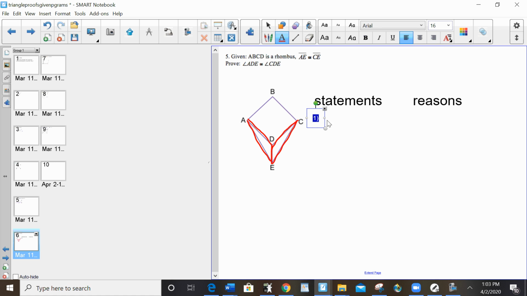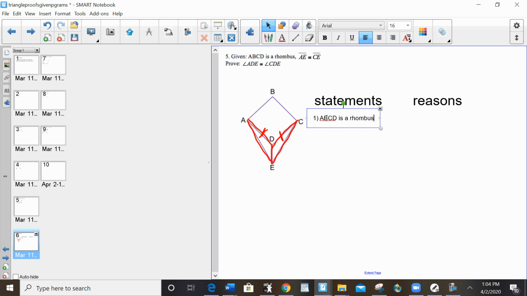All right, the property of the rhombus that will help you with the triangles is that a rhombus has all sides congruent. So, one, ABCD is a rhombus, given.